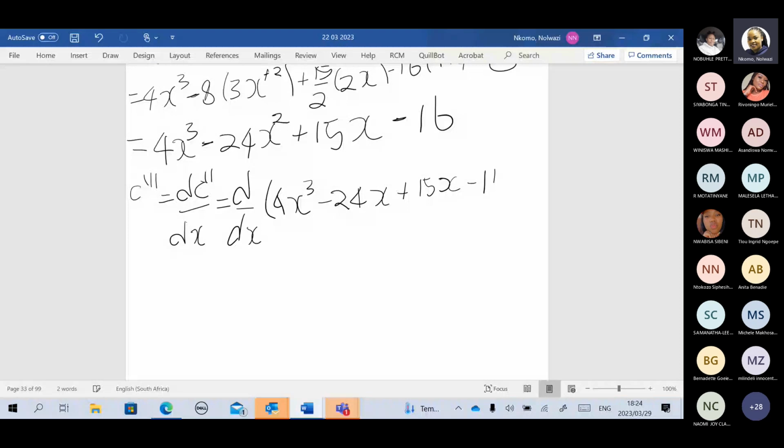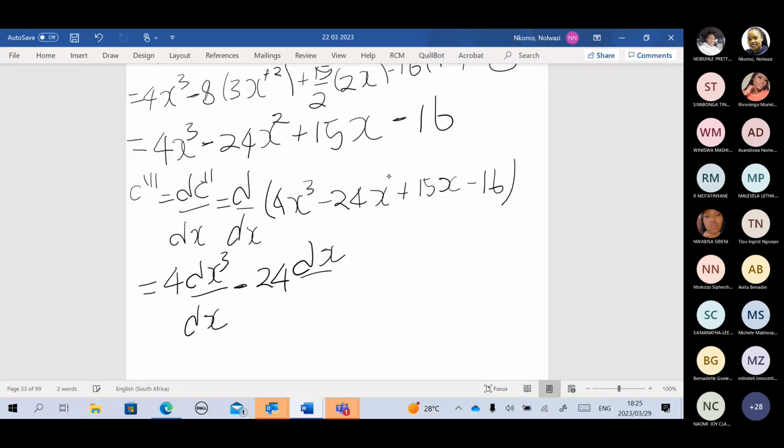Again, you can still separate these and write them as 4, the derivative of x cubed with respect to x, minus 24, the derivative of x squared with respect to x, plus 15, the derivative of x with respect to x, minus 16, the derivative of 1 with respect to x.